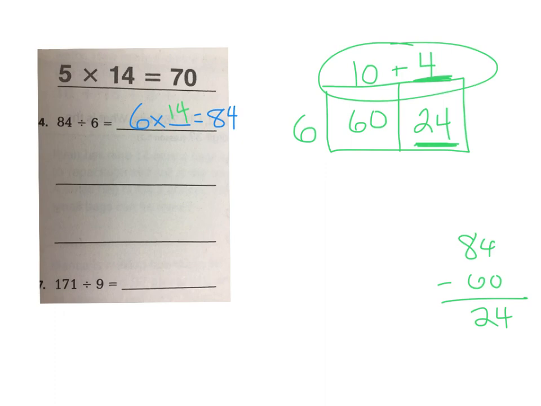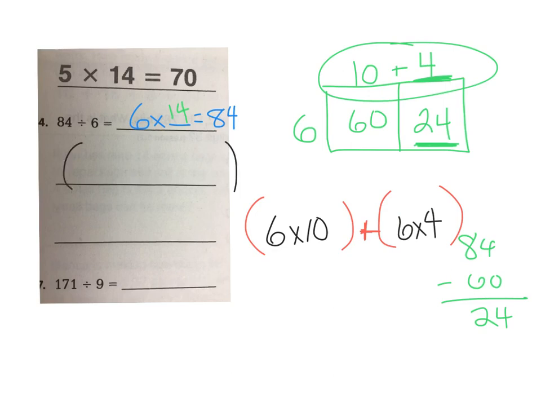All right, before we move on, what we're going to do now is pull it apart and do a distributive property. So let's look at our 2 mini multiplication problems. 6 times 10 and 6 times 4. Will you write that down with me? 6 times 10 and 6 times 4. You can just write that on the line right here.